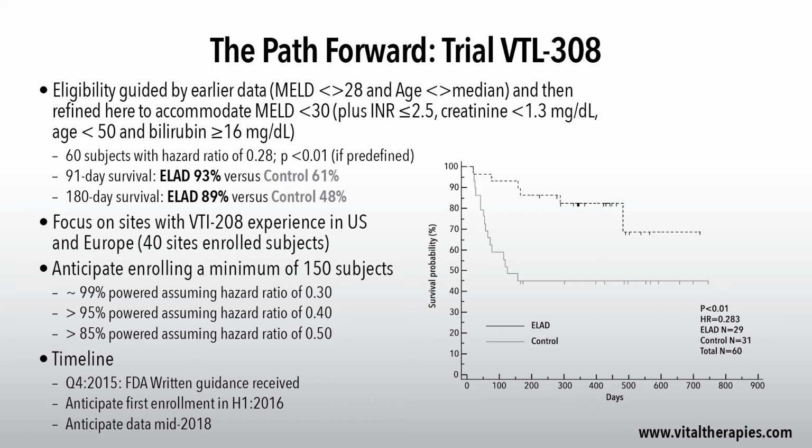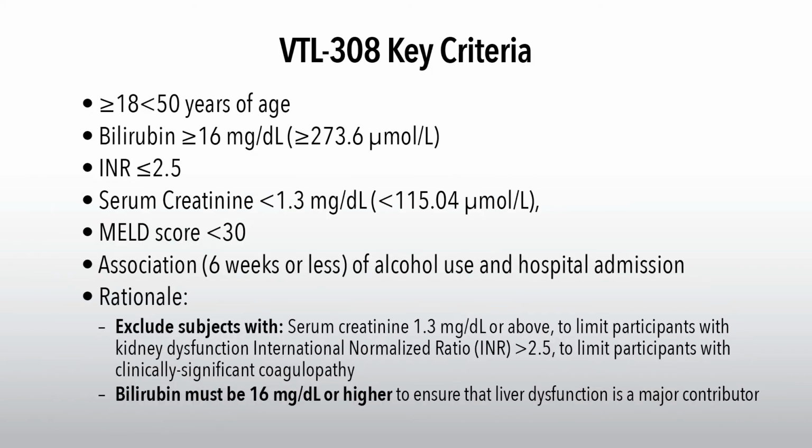These are patients with MELD less than 30, an INR less than 2.5, a creatinine less than 1.3 milligrams per deciliter, and age less than 50 years. Important to mention is that we expect to see in this group a bilirubin more than 16. In this study, we expect to enroll approximately 150 subjects.